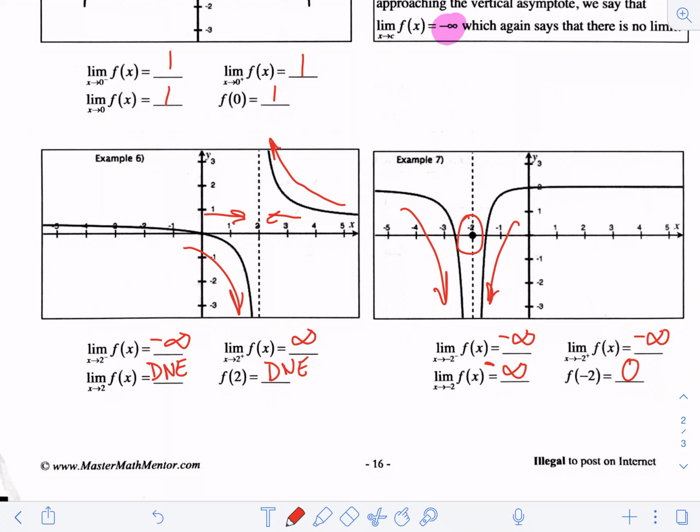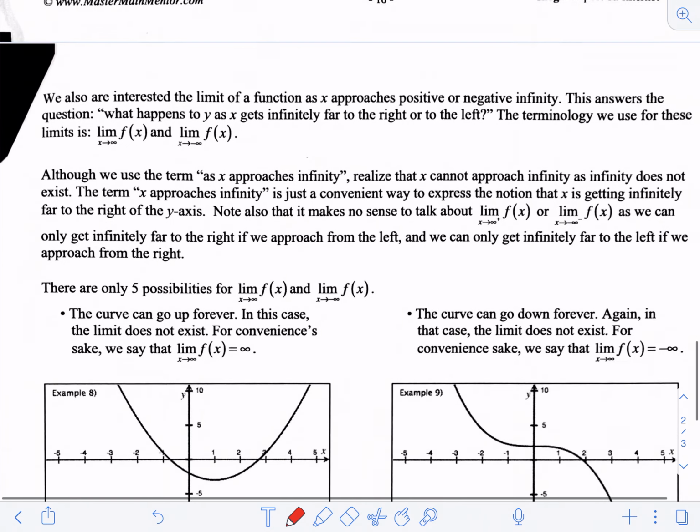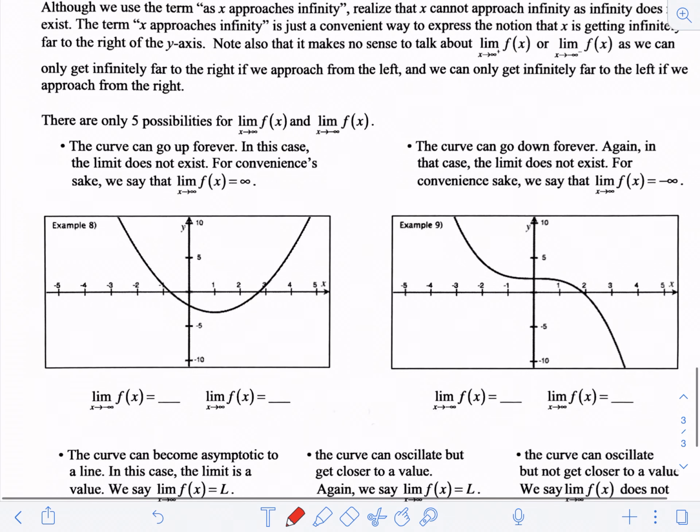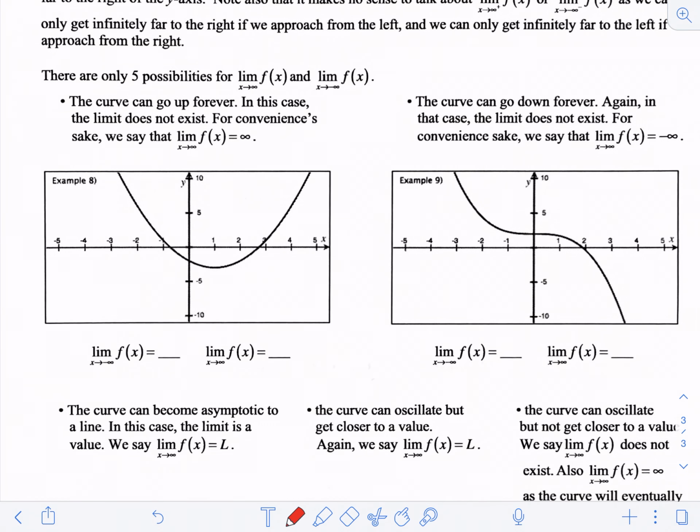There we go. I do want to talk about end behavior now just a little bit. When we talk about end behavior, similar to what we talked about earlier a couple weeks ago, we're going to look at the end behaviors of the graph. So there's 5 possibilities.